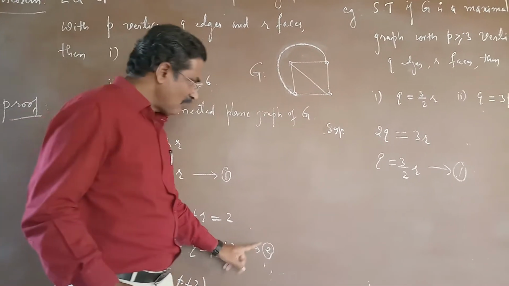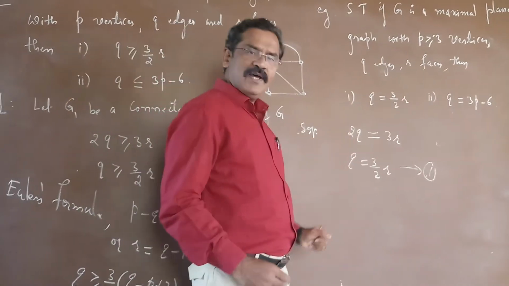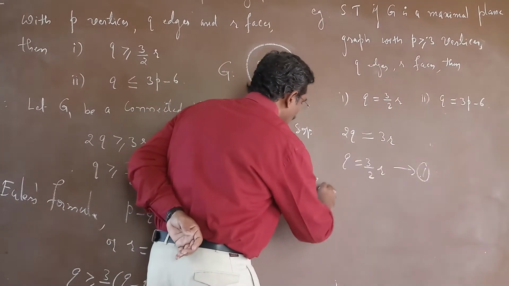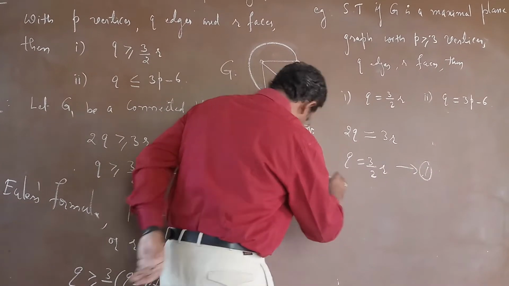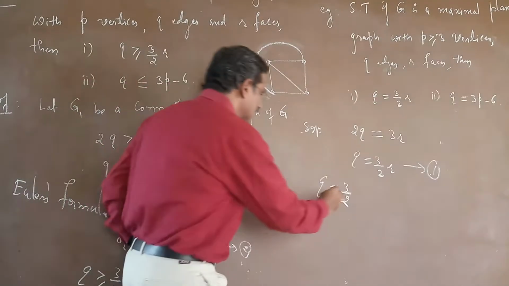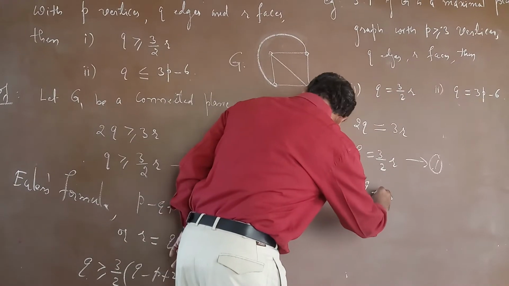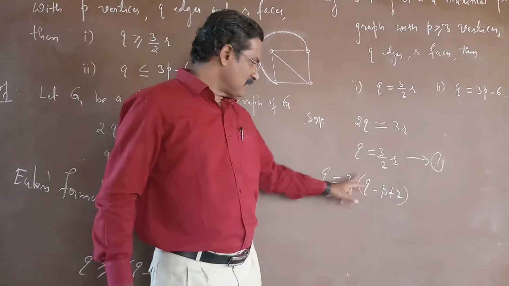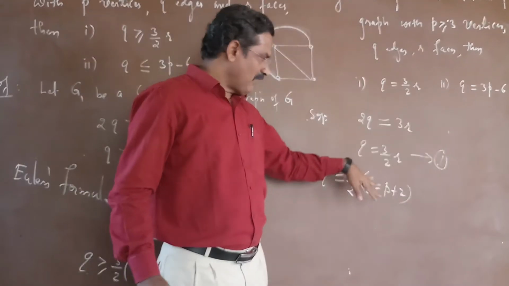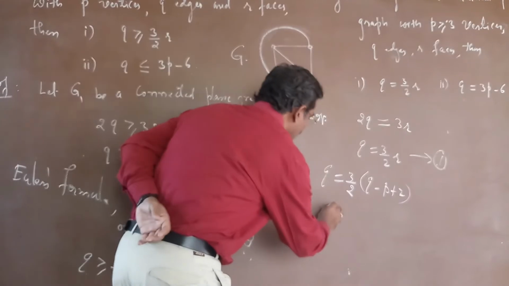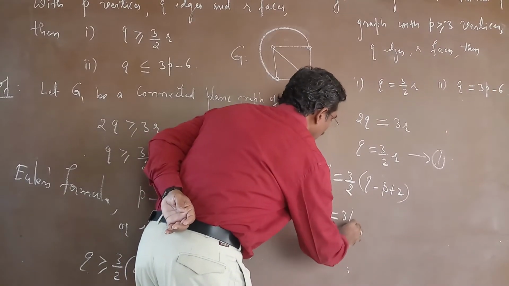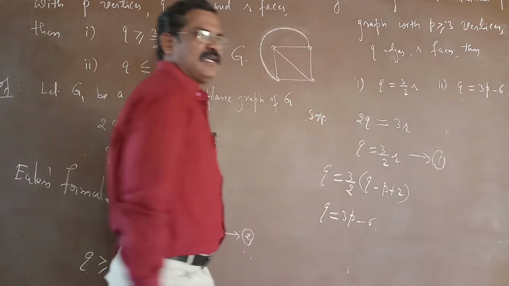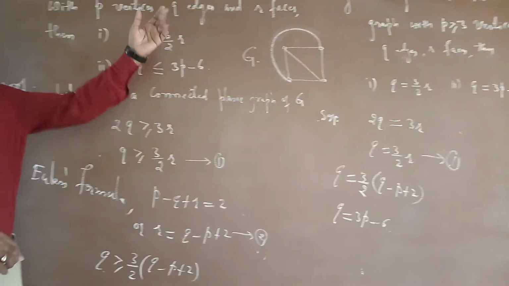So using this result in 1, we can say Q equals 3 by 2 times R, and R is Q minus P plus 2. Again, combining the terms of Q and simplifying, what will we get? We will get Q equal to 3P minus 6. So this is the proof of the example.